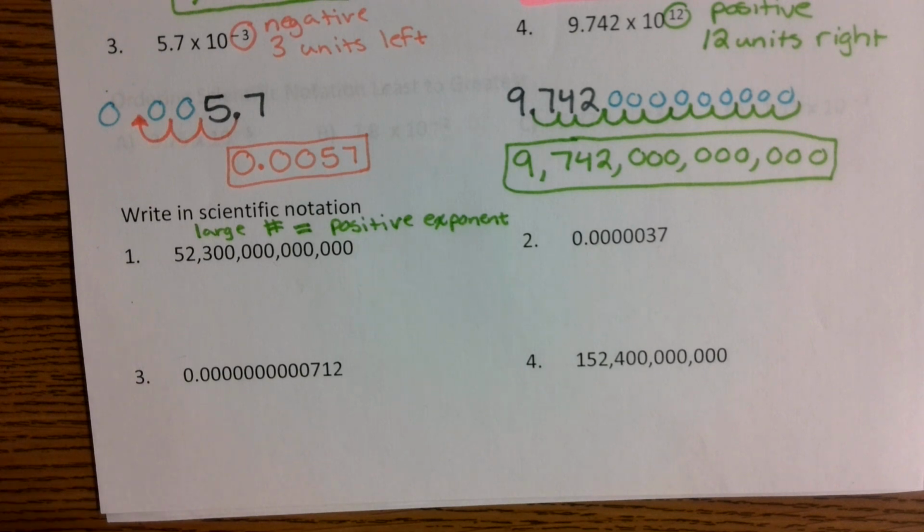Now, our decimal value must be greater than or equal to 1, but less than 10. Where do I need to place my decimal in order to create a number that is greater than or equal to 1, but less than 10? Between what two numbers am I going to place my decimal? Maya? 5 and 2. Between the 5 and the 2.